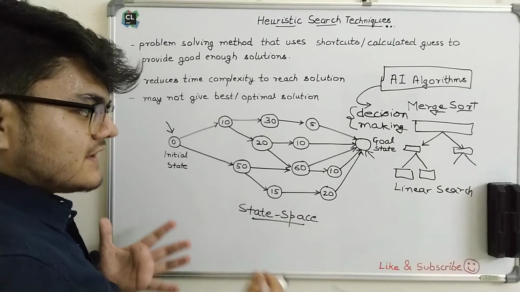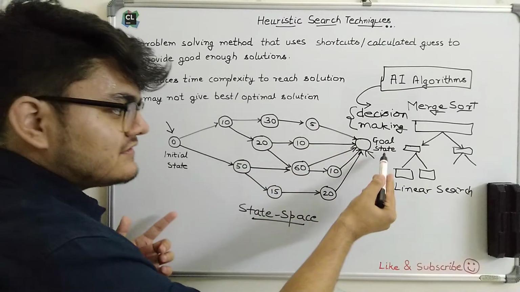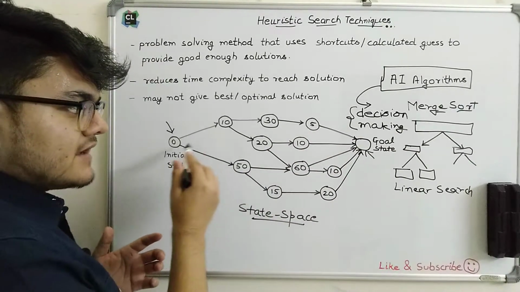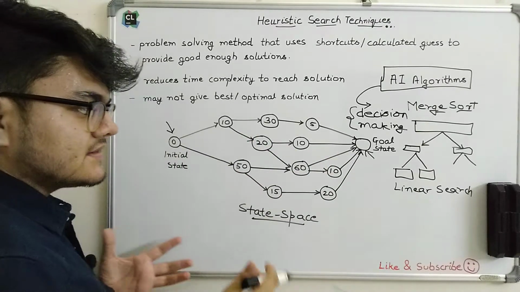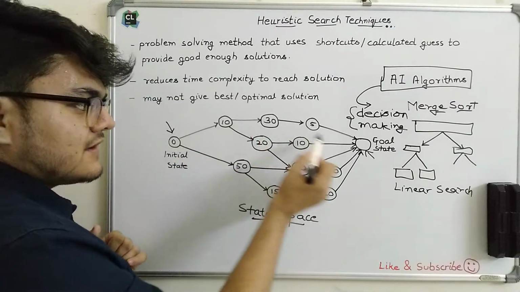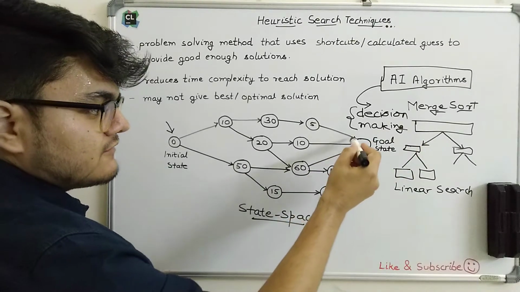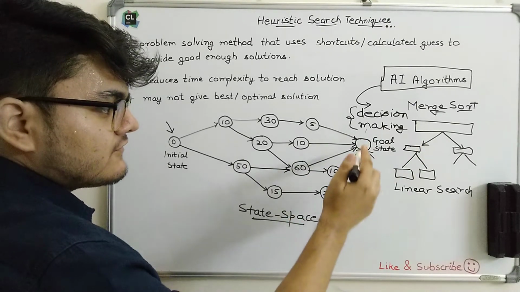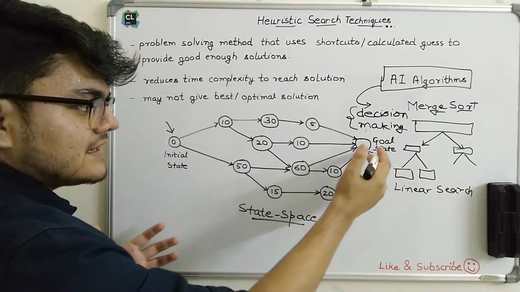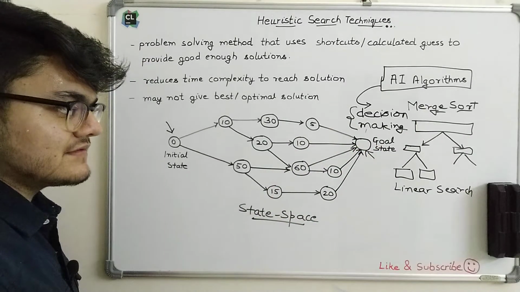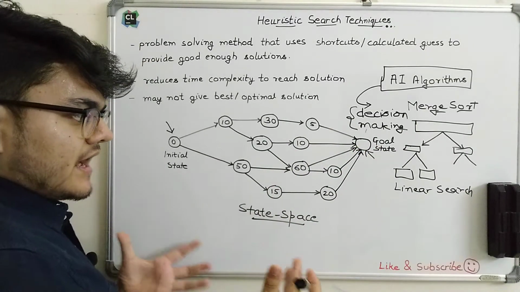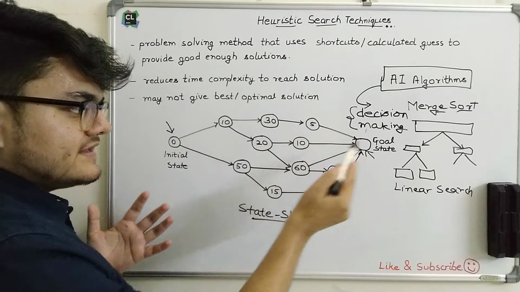So the problem is that we want to reach from the initial state to the goal state by following some path, right? So you can see there are various paths that go to the goal state. There are 1, 2, 3, 4, 5 various paths that lead to the goal state from the initial state. Now the traditional idea is to explore all these paths, right?